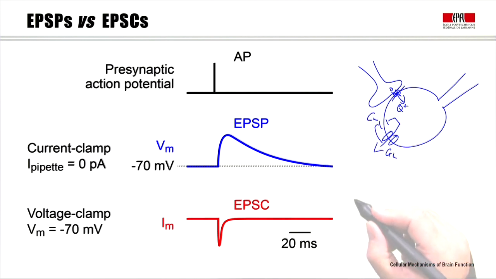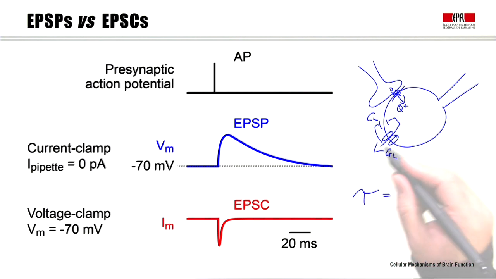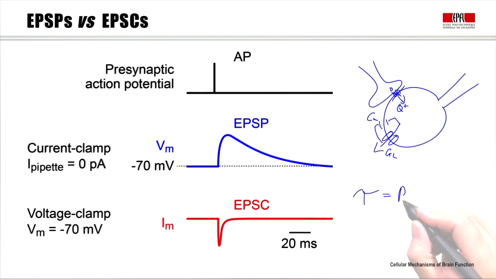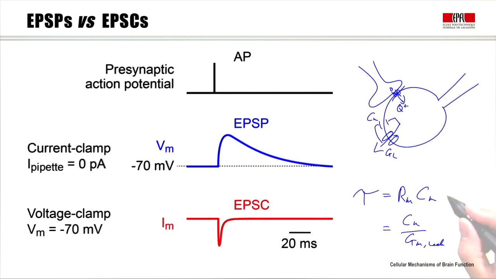And you'll remember from our previous studies that there's a membrane time constant that is related here to the membrane resistance times the membrane capacitance. And of course, the membrane resistance here is simply 1 over the membrane conductance, or the leak conductance, if you like. And typically, these membrane time constants are on the order of many tens of milliseconds.